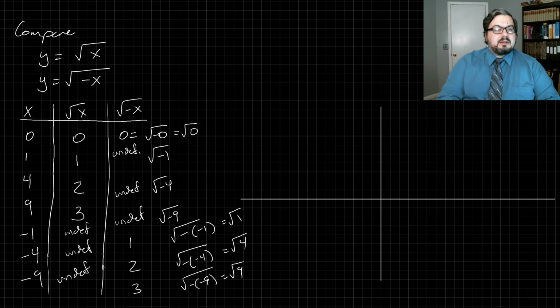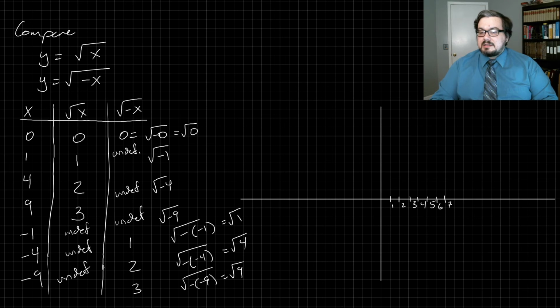Now, for this problem, I'm going to use a different scale for the horizontal and vertical axes, which is not something we want to do a lot, but is sometimes helpful. The reason I'm doing it here is because the x values in my problem are much larger than the y values.